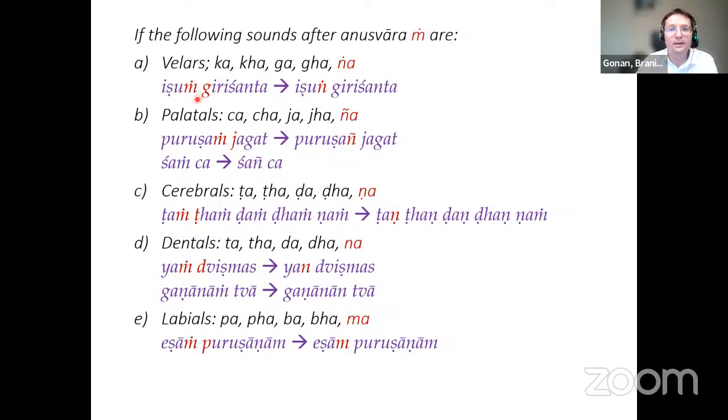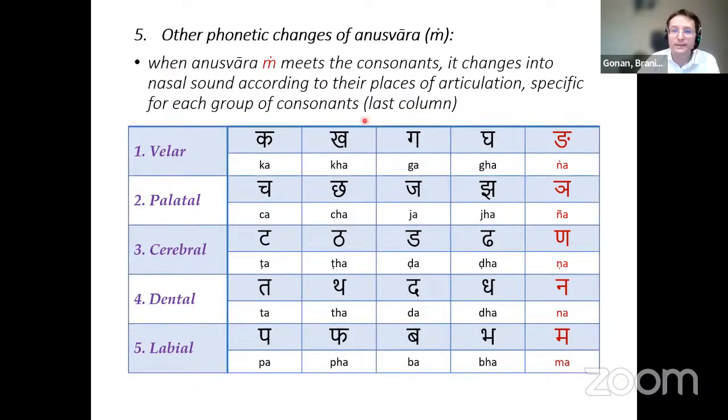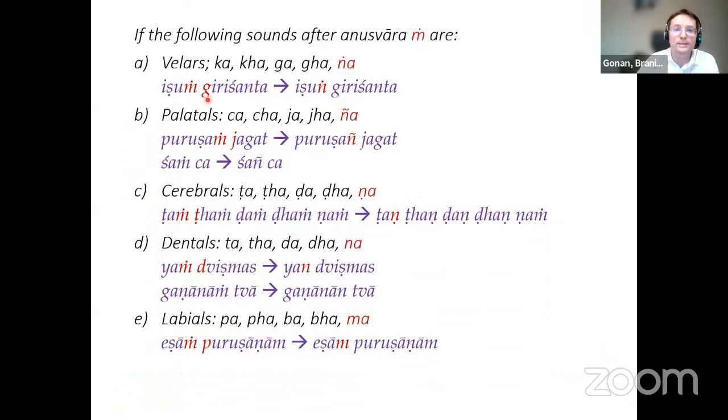So we then change this anusvara into the nasal, which is the last sound in those groups of consonants. In this case, in velars, let us see. Okay, velars. This is anga, so we need to change this anusvara into ng. So it is ishung girishanta. Then palatals, cha, chha, ja, jha, nya.